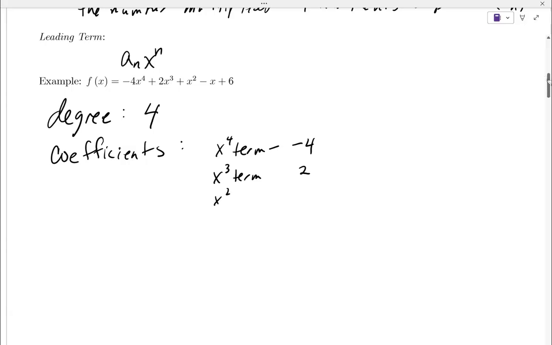The x squared term is 1, it's a 1x squared. The x term would be -1, and the constant term is 6. The constant counts as one of the coefficients because, again, you can think of it as being multiplied by x to the 0.